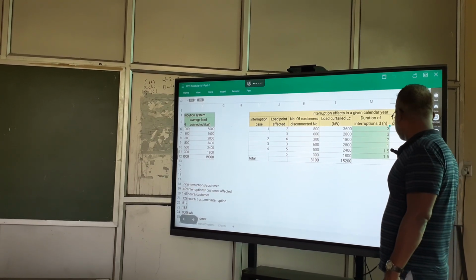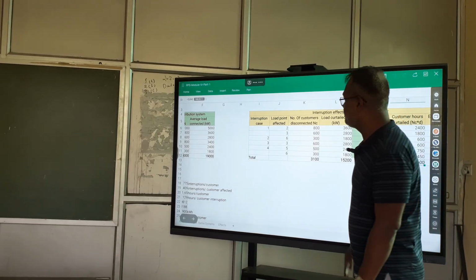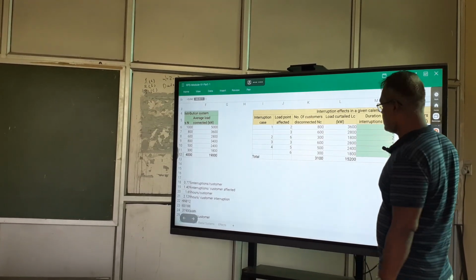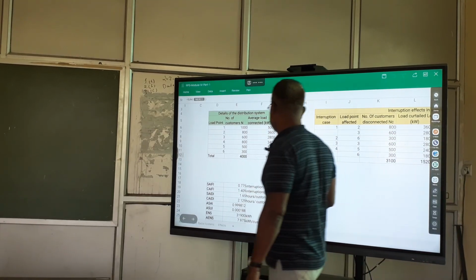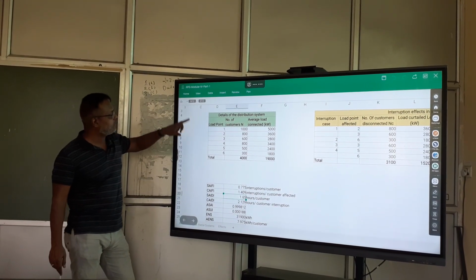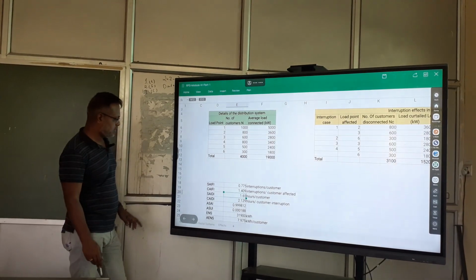So this is the sum of lambda N into r divided by the total number of customers.